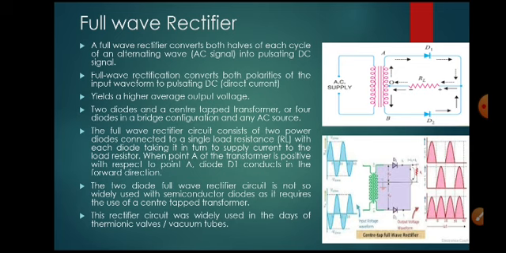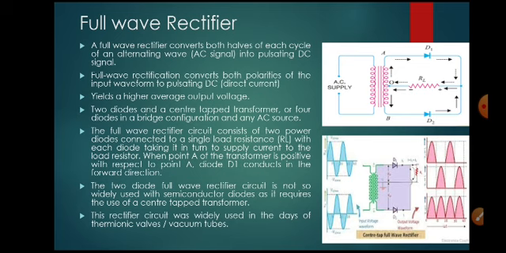Two diodes and a center tap transformer are used, or four diodes in a bridge configuration, for the full wave rectifier. Here we use two diodes and a center tap transformer. The full wave rectifier consists of two power diodes connected to the single load resistance, with each diode taking its turn to supply current through the load resistance.